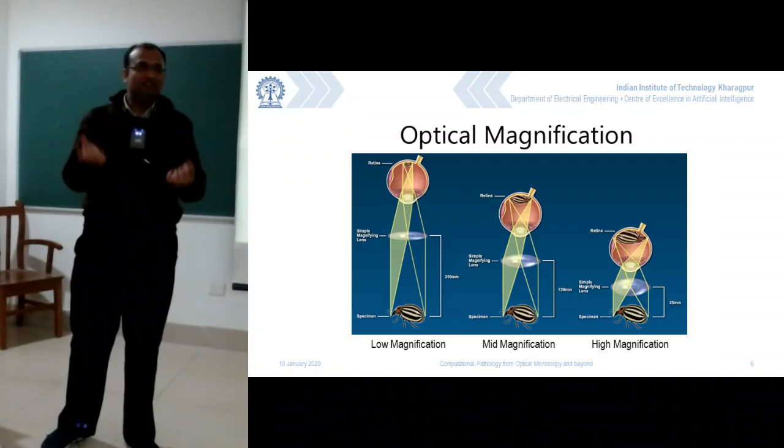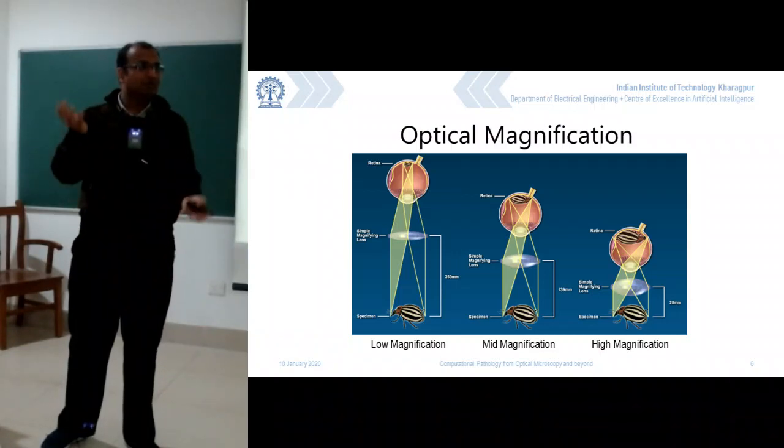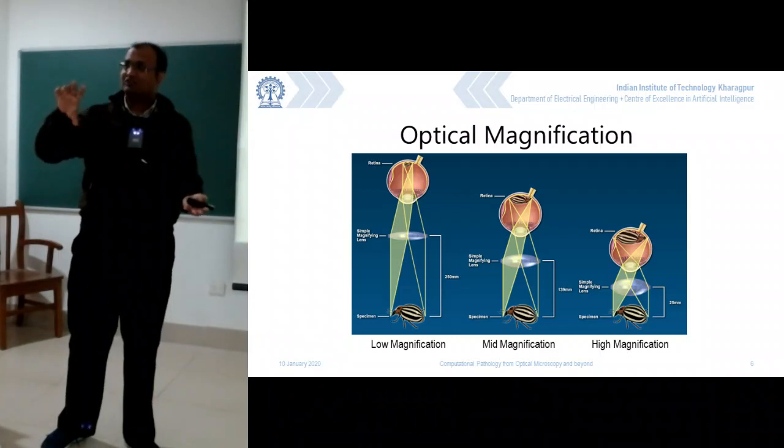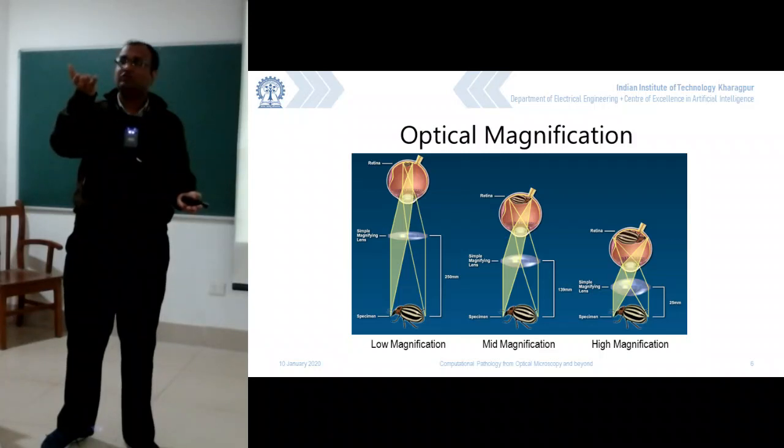So now you can see that it's a counterbalancing problem. I can really magnify higher, but if I have a lens which magnifies very high, then its thickness is so high that I cannot bring it anywhere closer to the principal plane. I am physically stuck. So this is one of the major problems you are going to have.